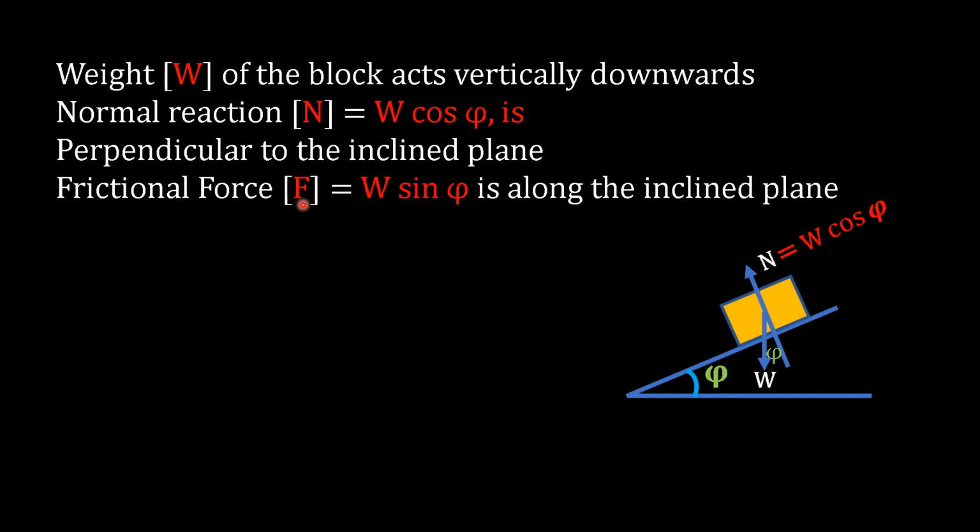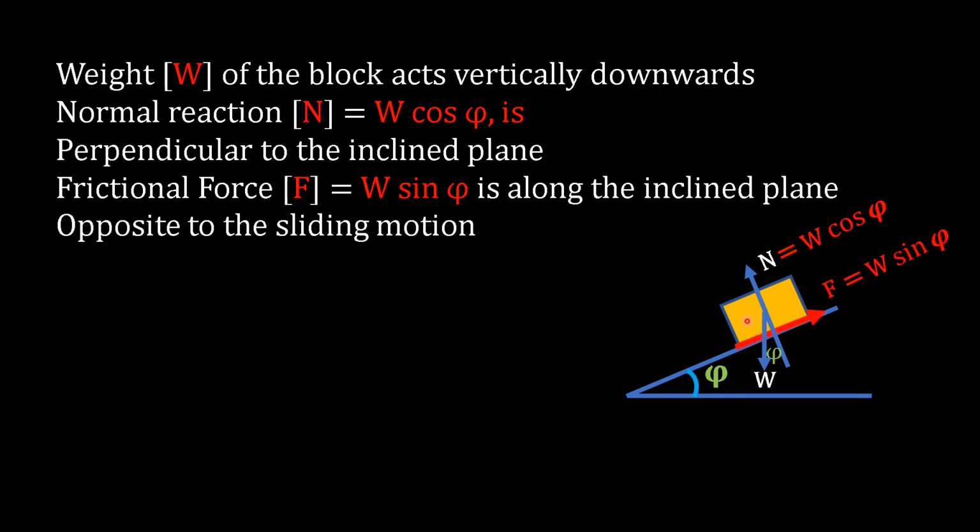Frictional force F = W sin φ is along the inclined plane and in the direction opposite to the sliding motion. The sliding motion is in this direction, so the frictional force will be opposite to that.